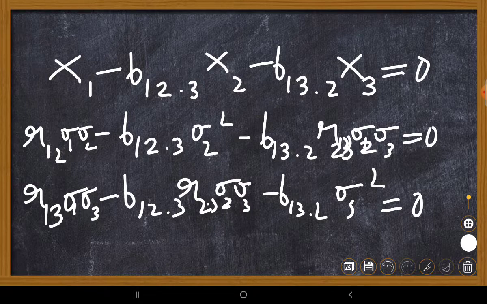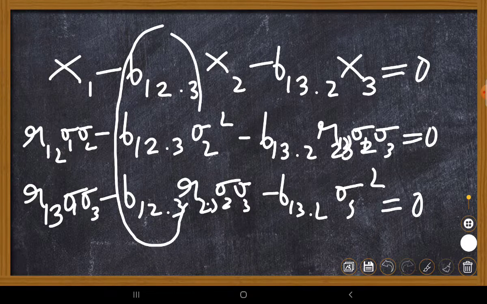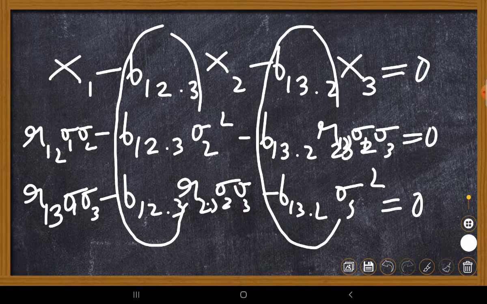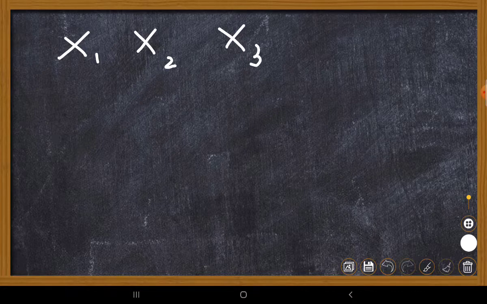Okay, we have to eliminate these coefficients. These b12.3 we have to eliminate them, and then we have to eliminate all these b13.2. Okay, and represent them in the form of a determinant. Let us represent them in the form of determinant as follows. So we have the first row having only x1, x2, x3, that is from equation 1.